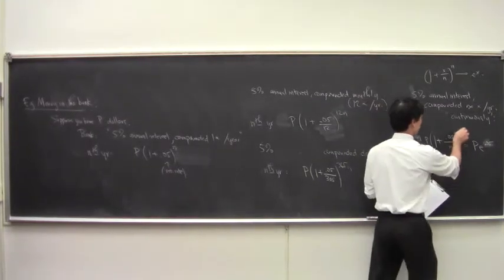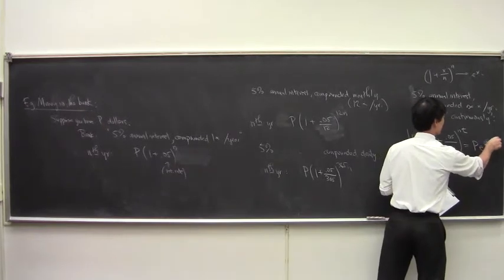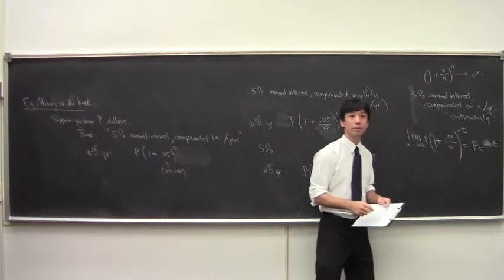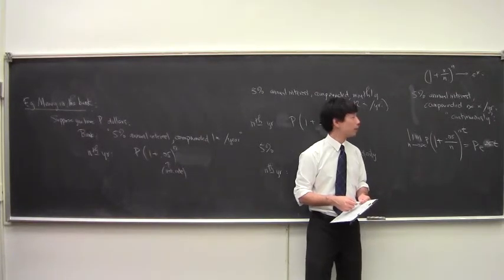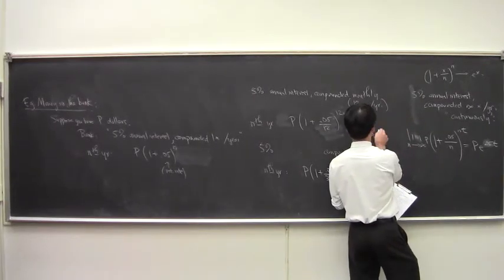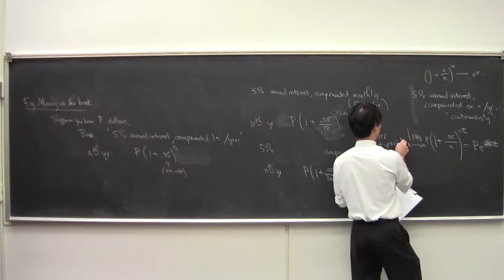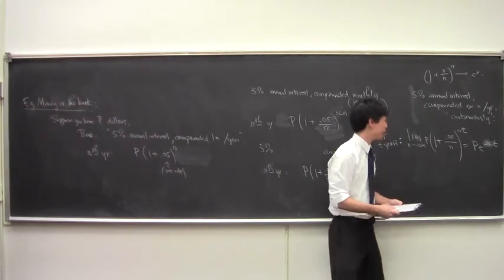And if we did this over t years of time, then you have a t here. So after t years of time, you would have P times e to the 0.05t.